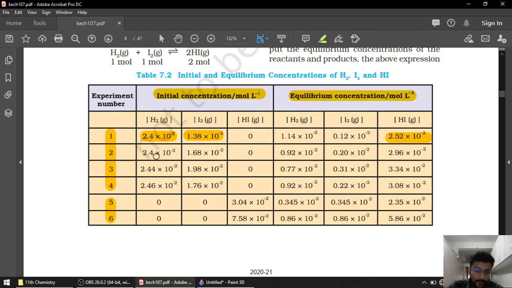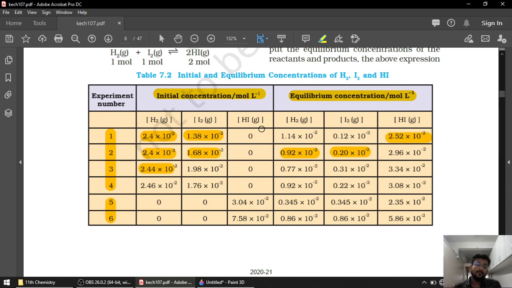Look at this over here, 2.4 minus 0.92 is 1.48, and 1.68 minus 0.20 is 1.48. You can verify these using these values and you will get exactly the same every time. Equal amounts of H2 and I2 are used, and double the amount of HI is formed.